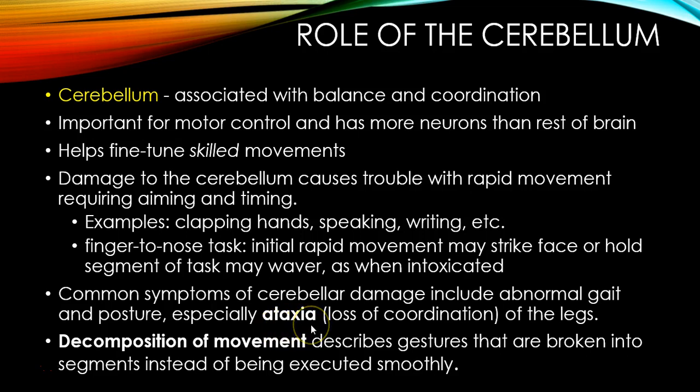So much has to happen, and so when the cerebellum is damaged, we often see a loss of coordination in terms of walking. The idea of decomposition of movement is that gestures are broken up into segments. Instead of being executed smoothly and normally, it's like their body has to break each thing down and do one part at a time instead of a smooth, coordinated movement.